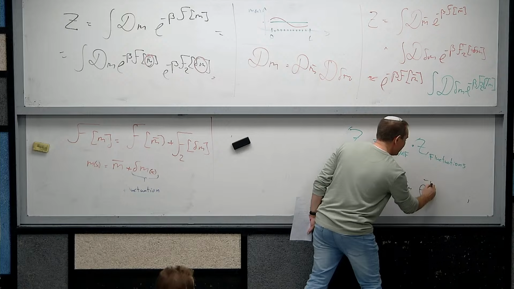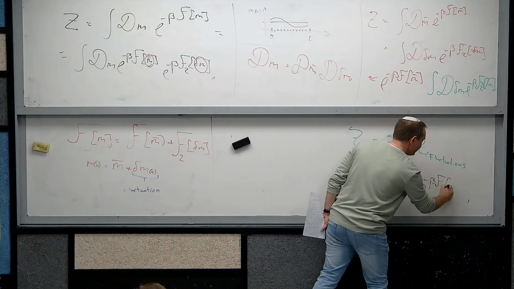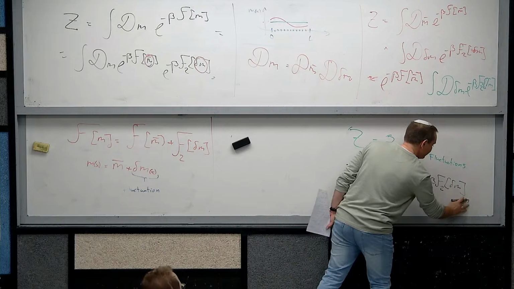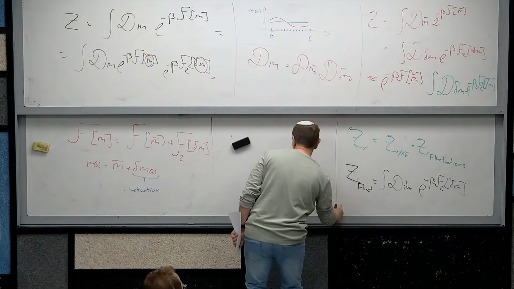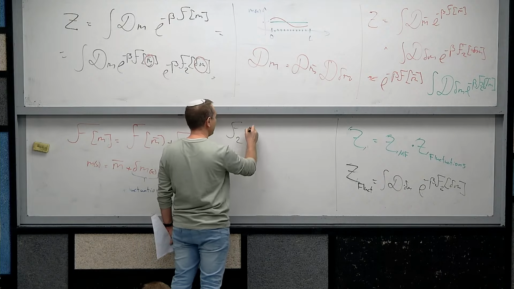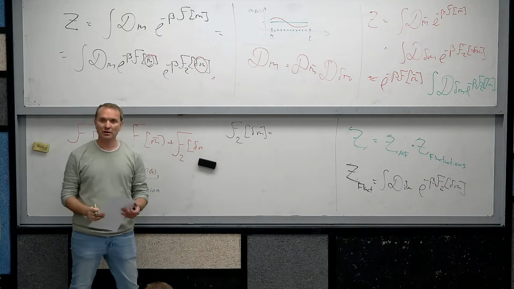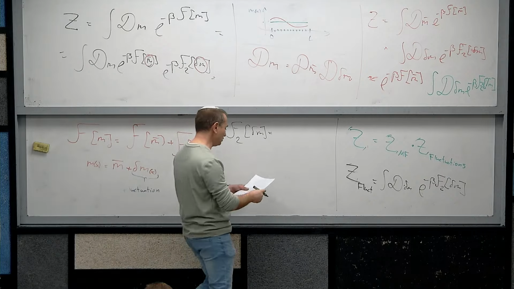of e to the power minus beta F2 of delta M. And what is this F2 of delta M? I won't repeat the derivation that I have done last week, but last week we obtained the following result.